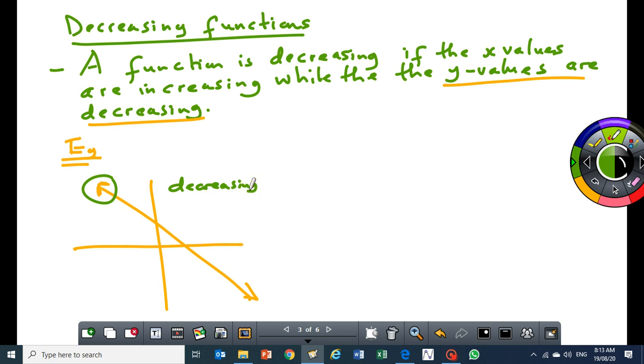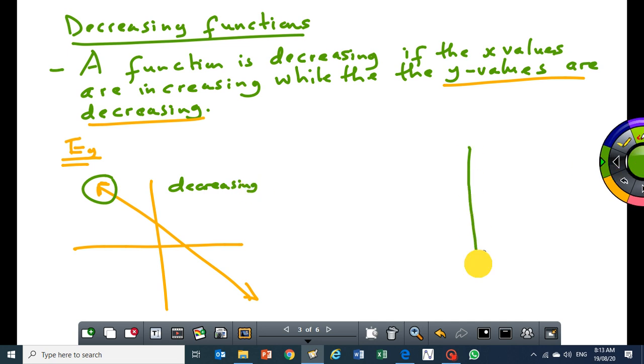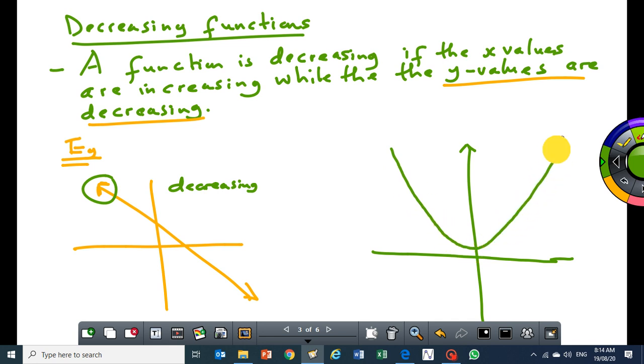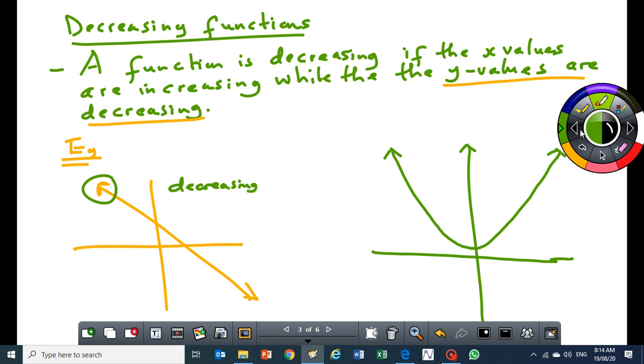Then, if you have a quadratic one with a minimum turning point, we are starting from the left.